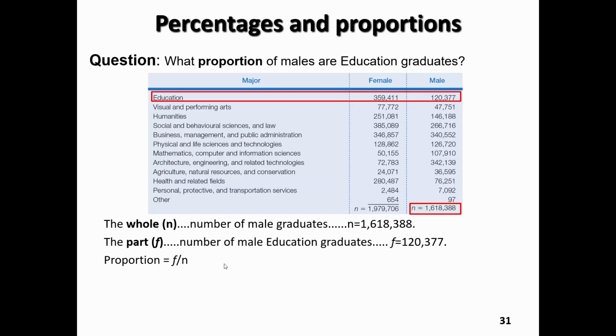And we just substitute the values into the equation, and we have a proportion of 0.074. Notice here, we do not convert this to a percentage, we do not multiply it by 100%. So in this situation, we have to make sure that the question is asking for a percentage or a proportion.